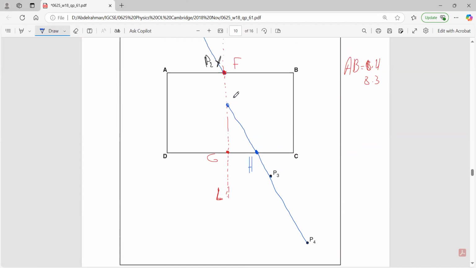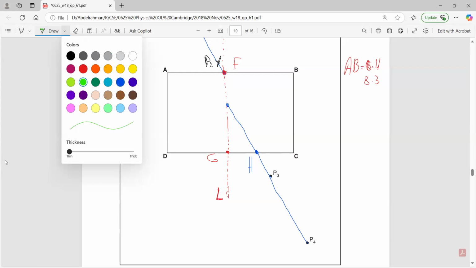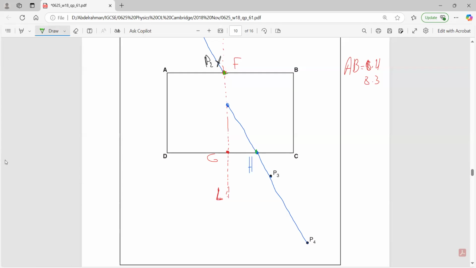He said draw a line FH. This is F and this is H. Draw a line FH. That's it.